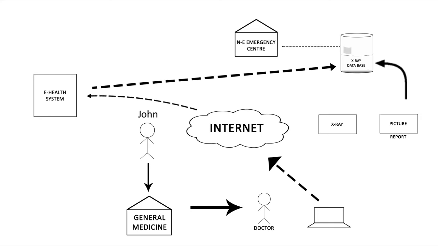And the general medicine doctor gets information that her patient John visited the North Estonian Imaging Center, and the health story is recorded here. The health story will be on her screen, and also she can inspect the picture that has been made.